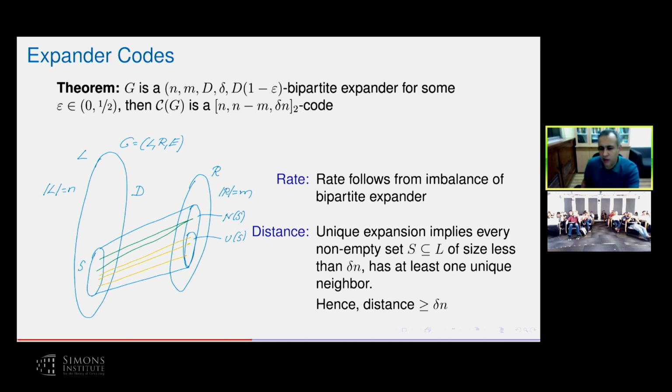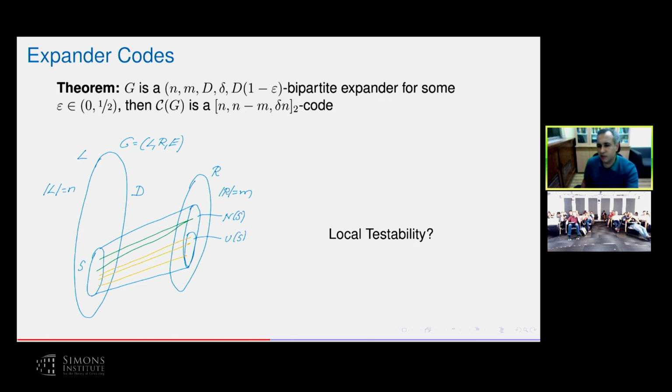What we want to ask now is, can we soup up these expander-based codes? Can we actually add local testability to them? So we have constructed codes which have constant rate and linear distance. Can we also show that these same codes can be locally testable? So what is locally testable?